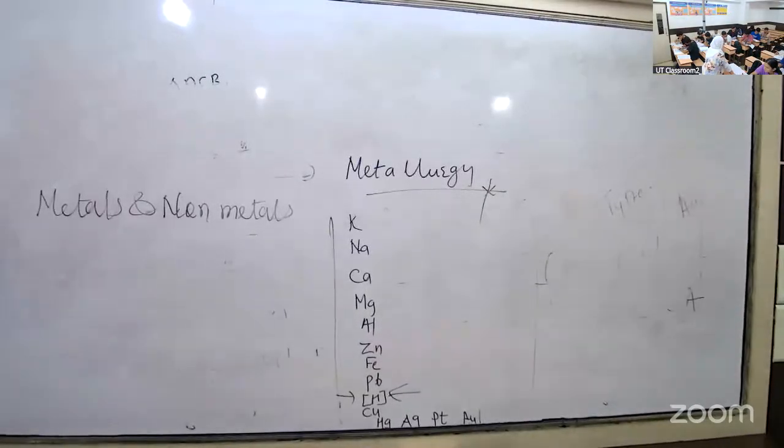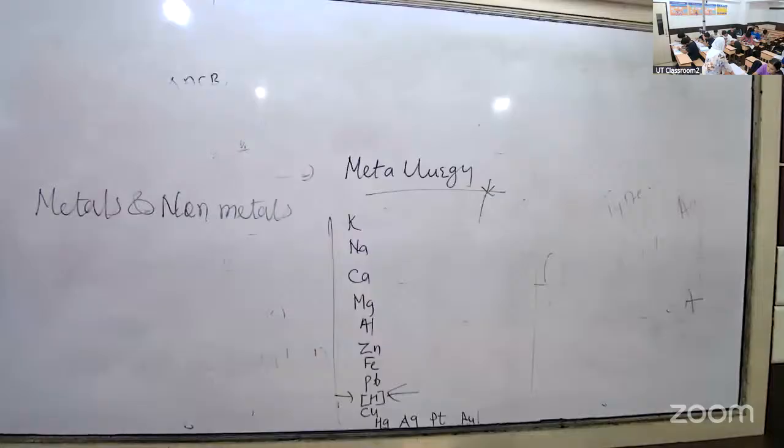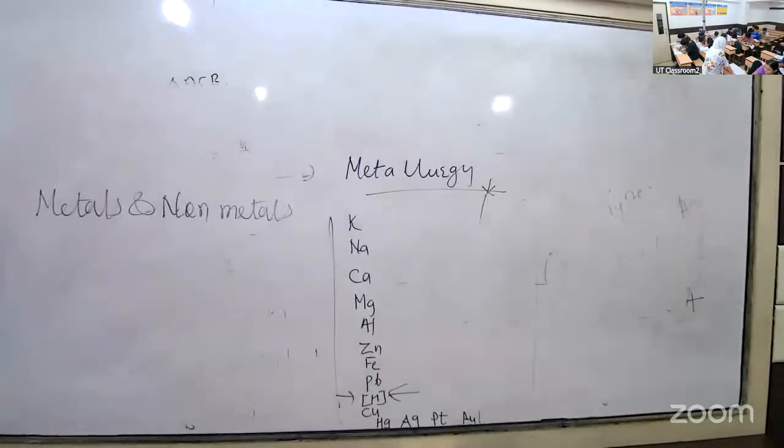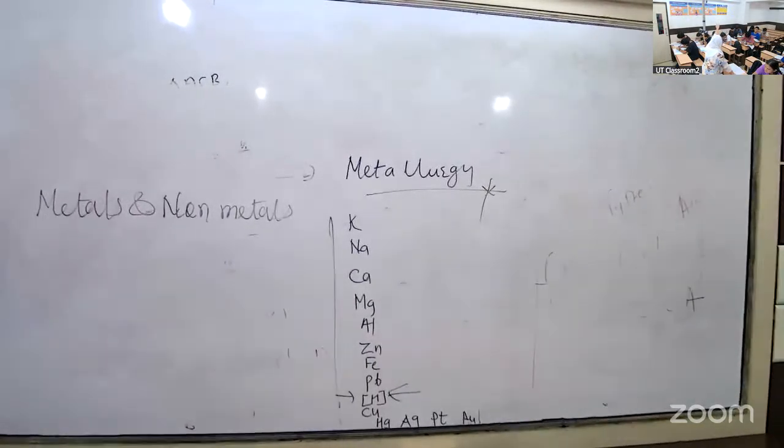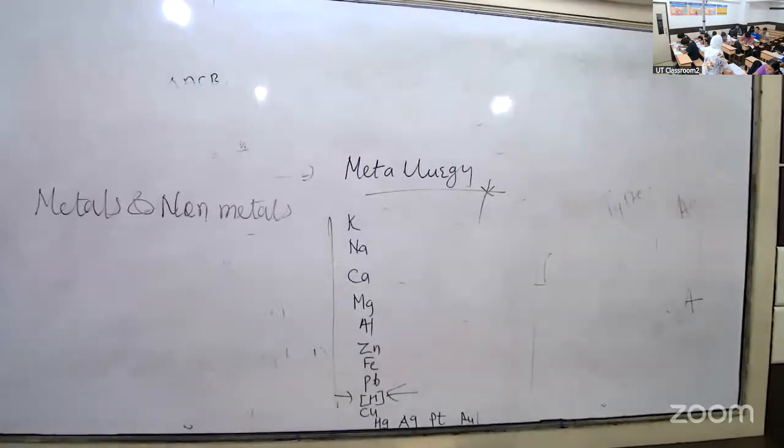हाँ, remaining part without looking in your volume, complete the remaining part. So the first part is electropositive character. Does this electropositive character decrease or increase? It decreases from top to bottom.